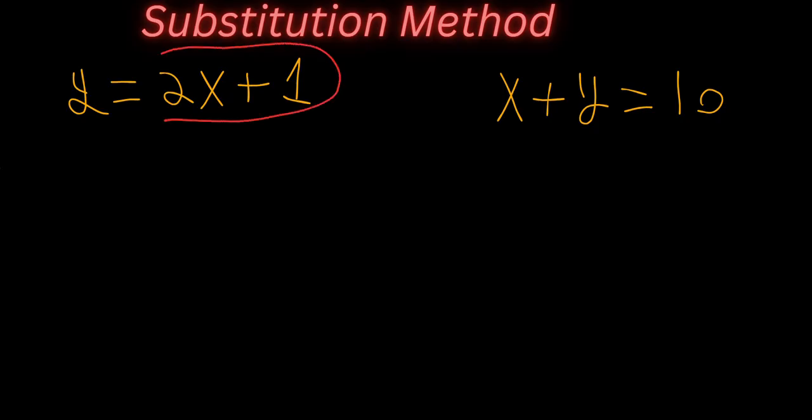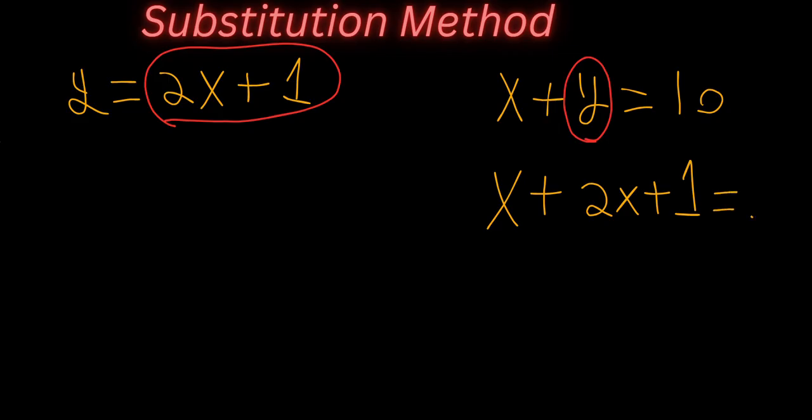So now we have x plus 2x plus 1 equals 10. That's the big idea here. That's the tool we're going to use again and again in this method.